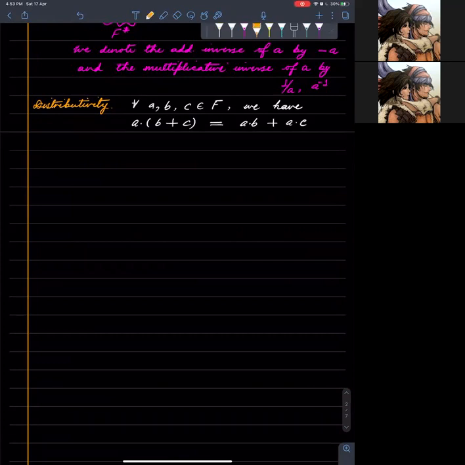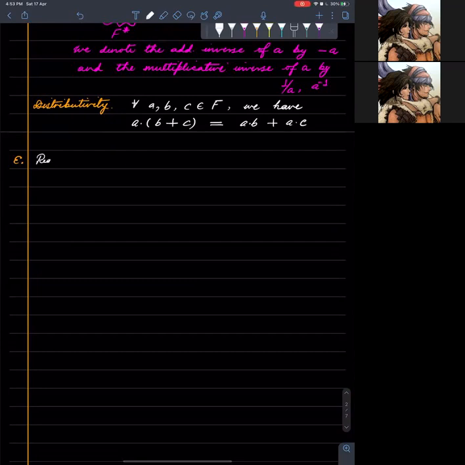So, example: the most familiar field, I would say, is the field of real numbers. And this is one of the most important fields for our purposes.